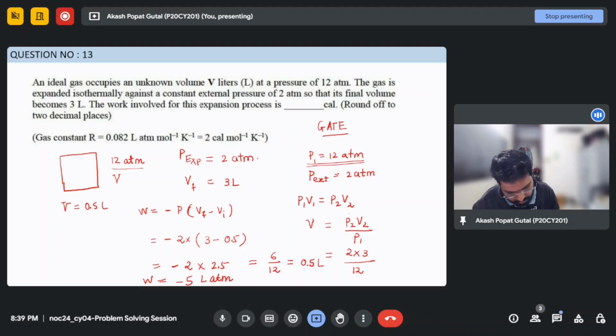So we need to convert it into calories. We can get the conversion factor here also, 0.082. If it is 2 cal, then can you convert this into calorie, 5 liter atm?